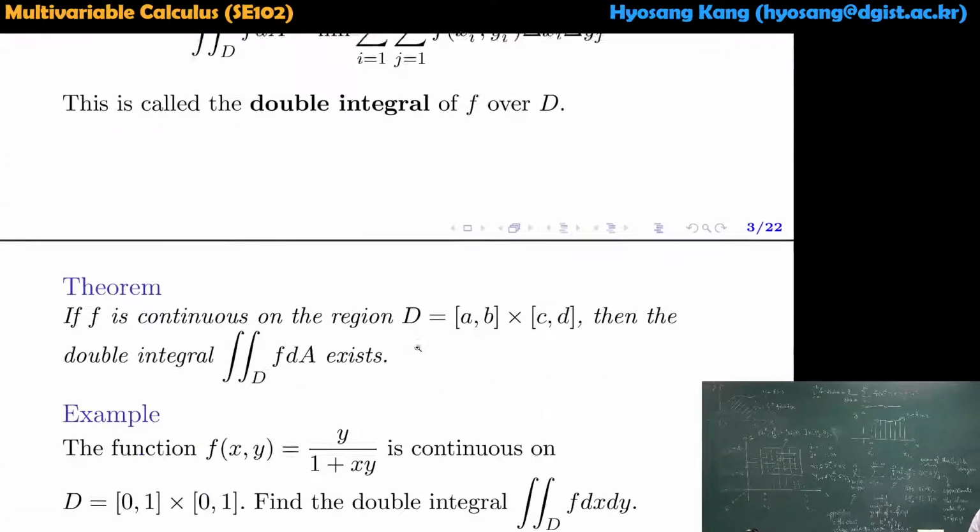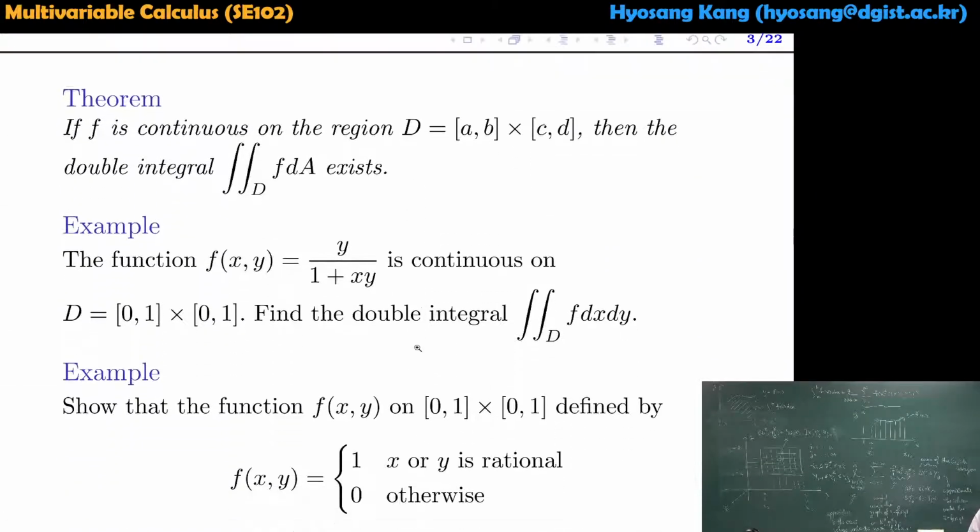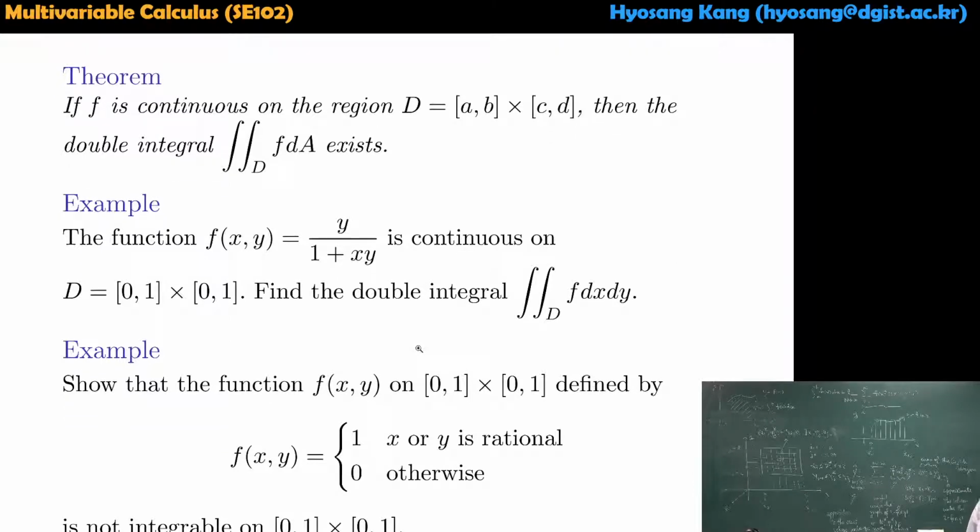So let's look at the theorem. I'm not going to prove this theorem. If you take the course called analysis, I think it's a third grade course, you will learn why this is true.